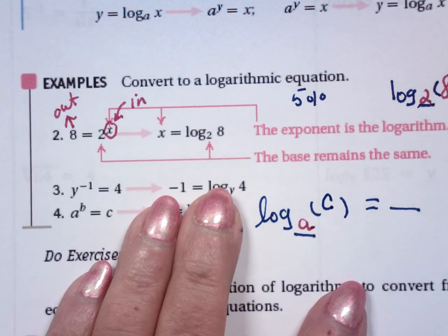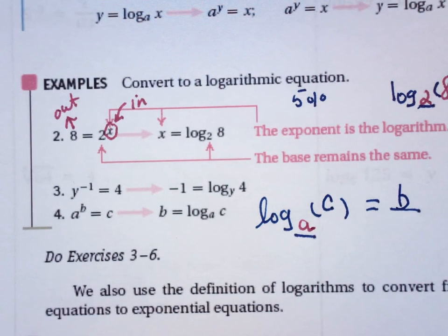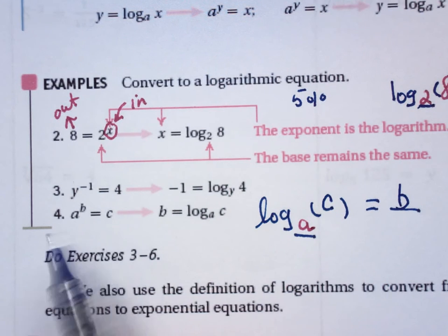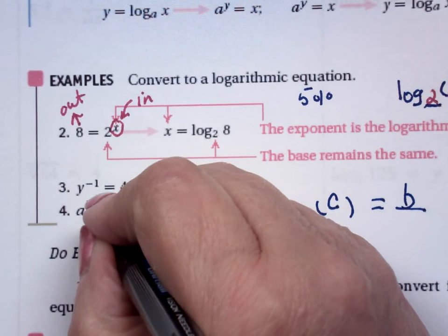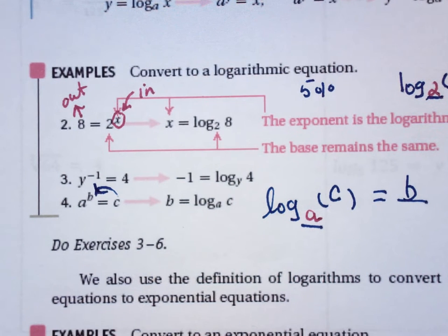C. What's the input? So it would pick up the y value and bring it back to the x value. You pick the y value, bring it back to the x value.